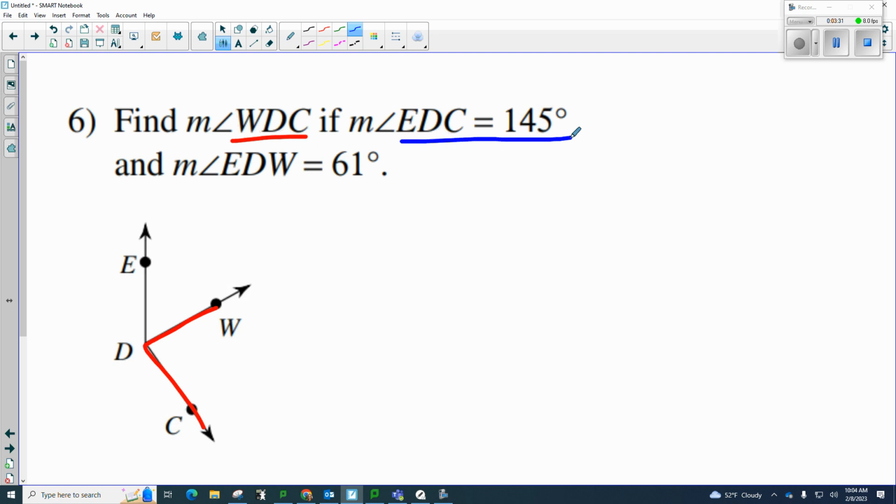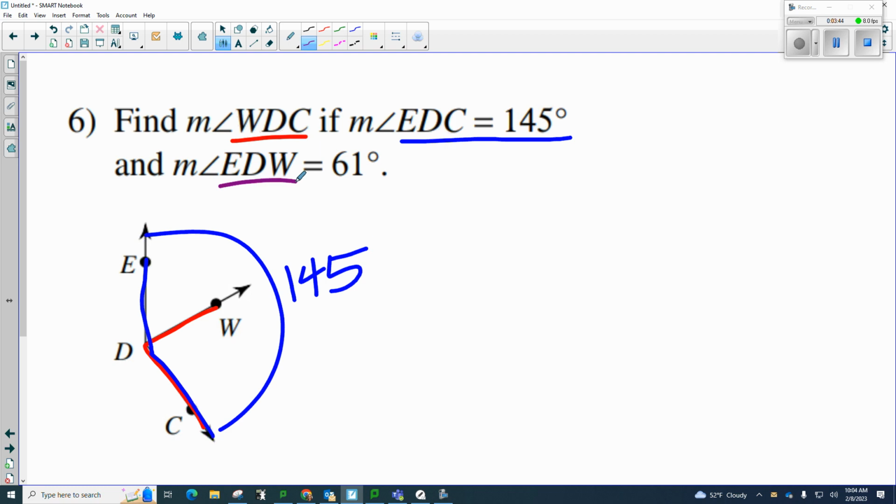So let me trace EDC. That's the whole big angle, 145. And then we have EDW. EDW is 61.